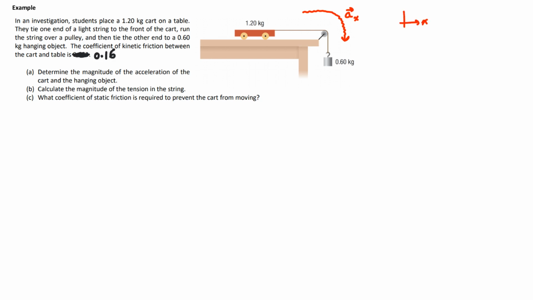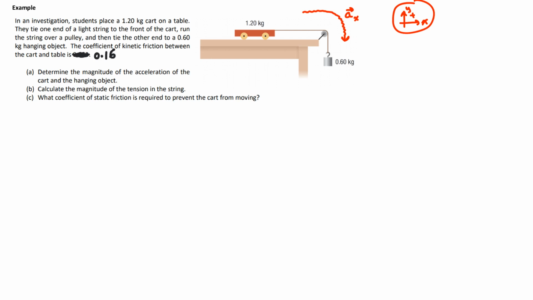So this is x and y, and again, x direction is parallel to the acceleration, meaning forces acting in this direction for the cart and this direction for the mass, and anything that's perpendicular to my acceleration, so meaning this direction for the cart and perpendicular this way for the mass, will be in the y direction.